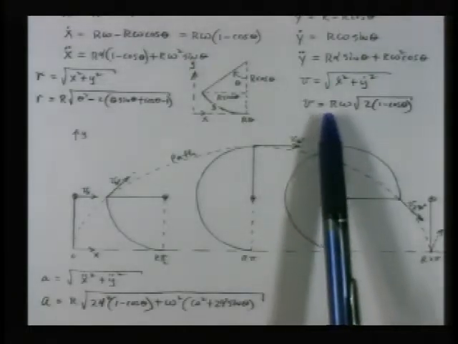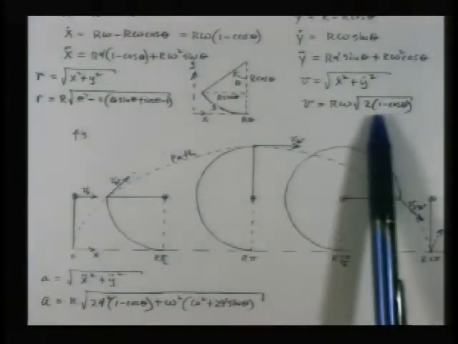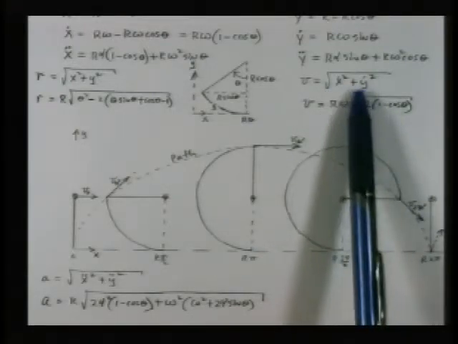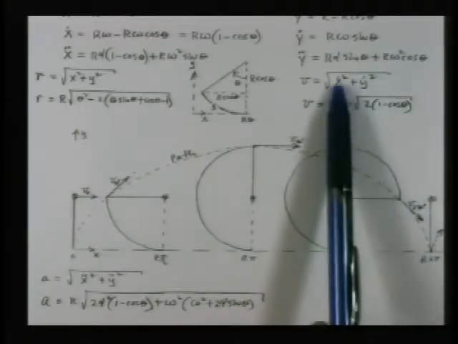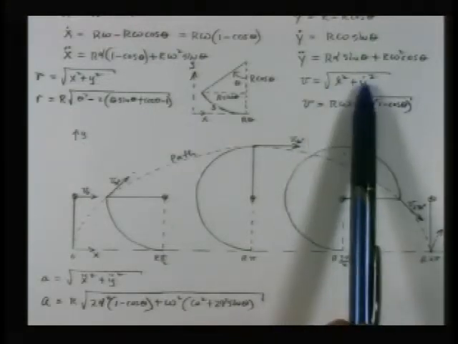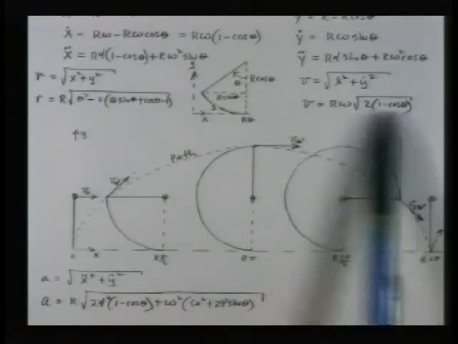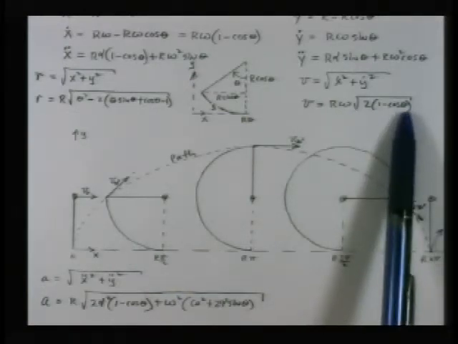Here's the speed that it has at any location. So I just took the kinematics, like you had in the last quiz, the rectangular kinematics, and worked up the speed in terms of the omega and theta for any location theta.